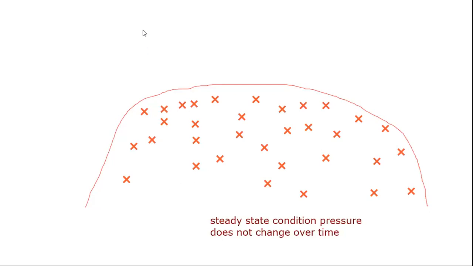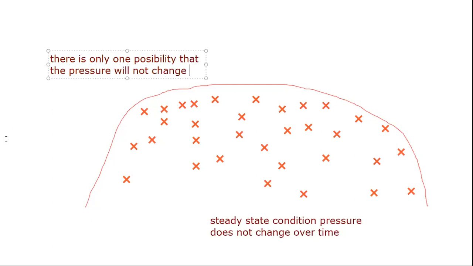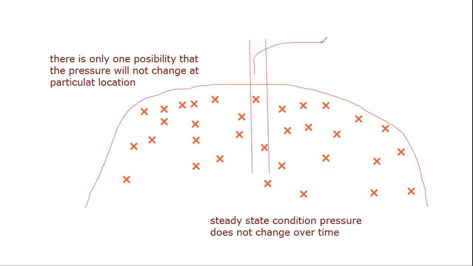There is only one possibility for the pressure not to change at a particular location. It happens only when you have the well here and you are taking the oil out to the surface.